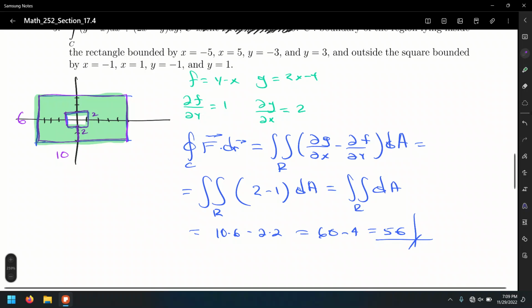Do you imagine having to parameterize 12 equations and evaluate 12 line integrals? All that work is simplified thanks to Green's theorem.